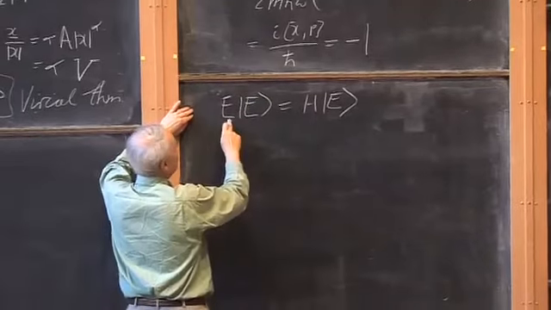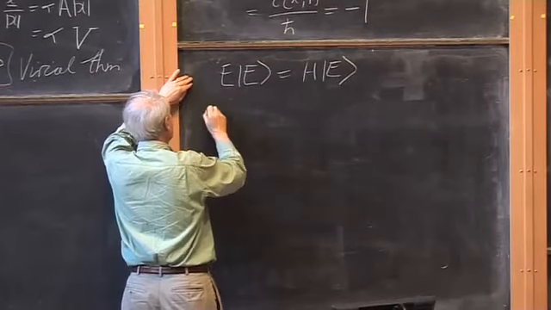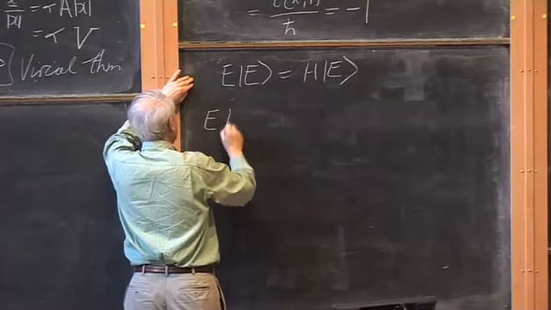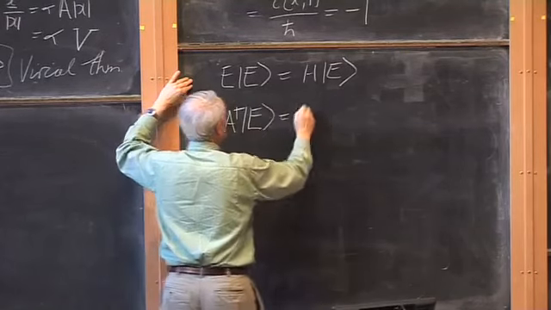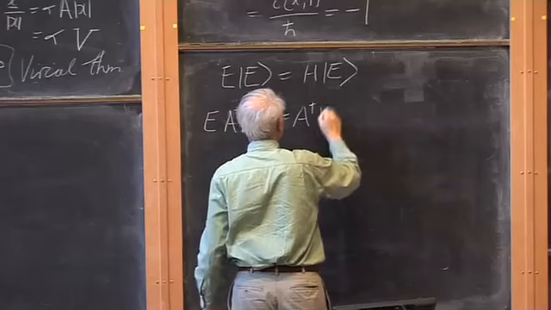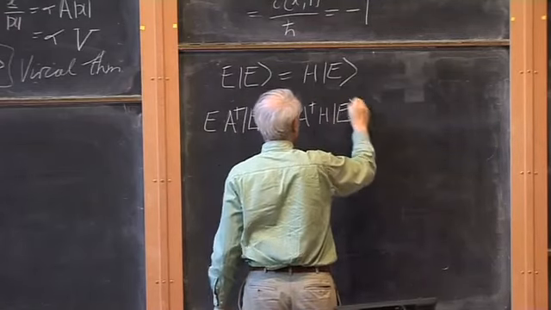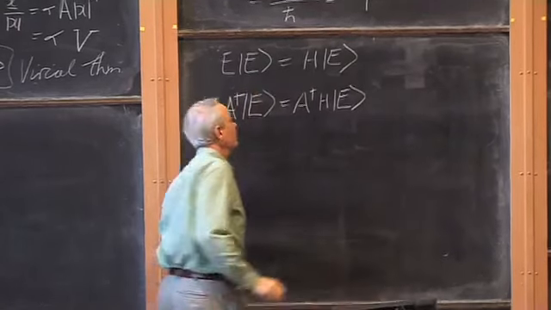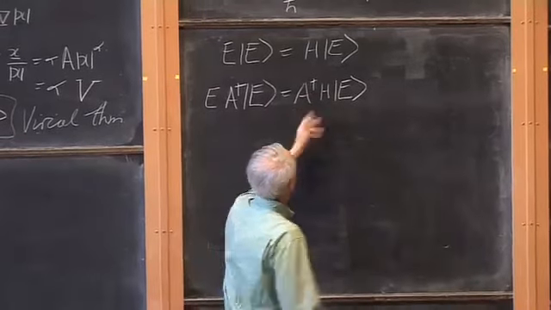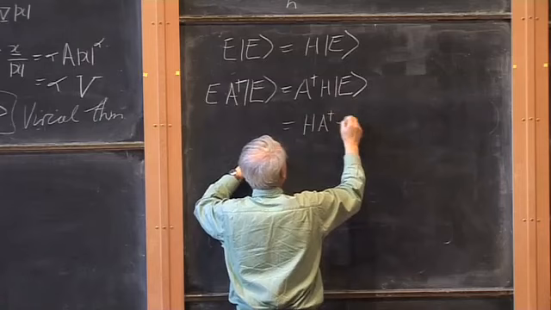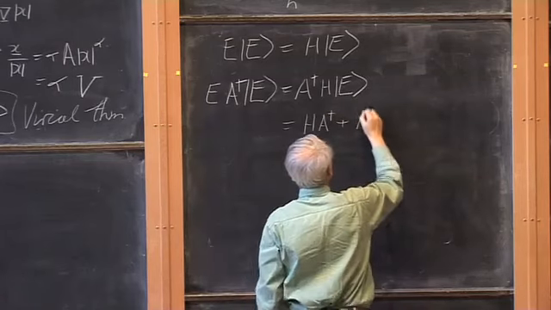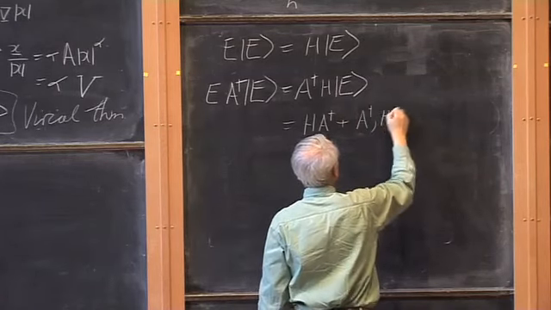Then this is just an eigenvalue, it's only a number, so I can then write E a dagger |E> is equal to a dagger H |E>. That's obvious. I would like to swap these over, so I say this is equal to H a dagger plus the commutator [a dagger, H].